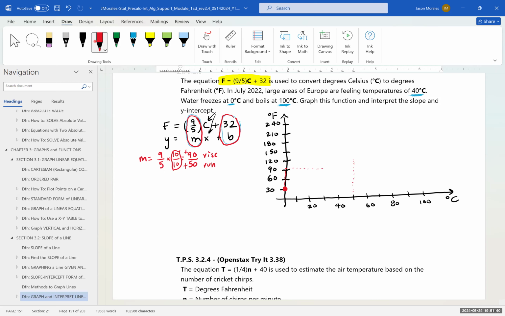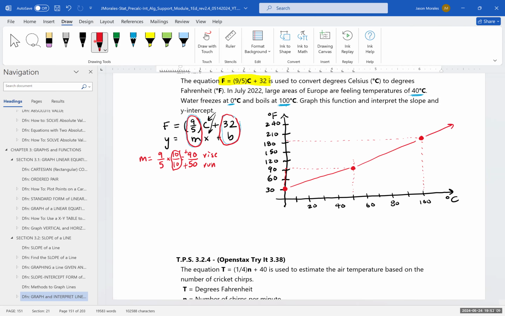So I'm going to use some dotted lines here to plot my next point. And then we could go up 90 again, so a little over 180, and then 50 over to 100. Again, I'm just doing the best I can because this is hand drawn.